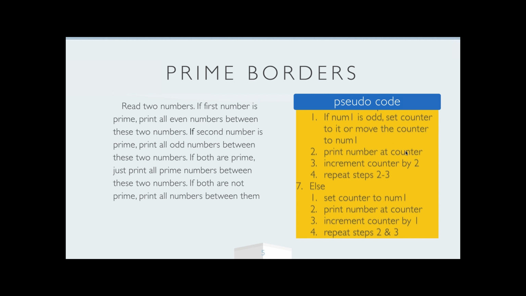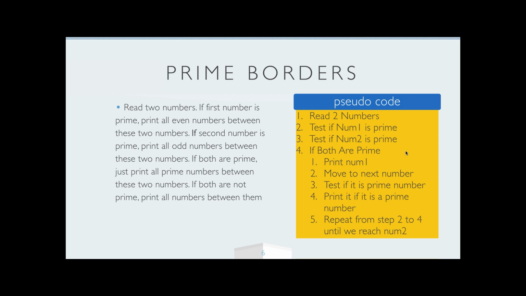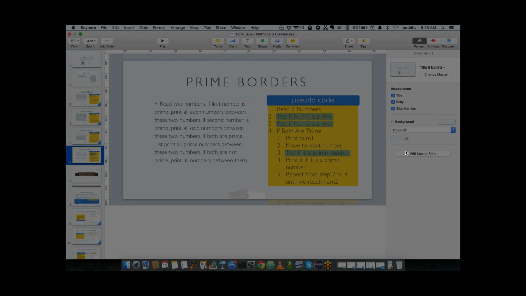So assume that we have to solve this problem. How would you solve it? You have already seen how to check whether a number is prime. But look at this problem more closely. We are actually testing that condition in three different places. One, to test whether number one is prime or not. Two, testing whether number two is prime or not.